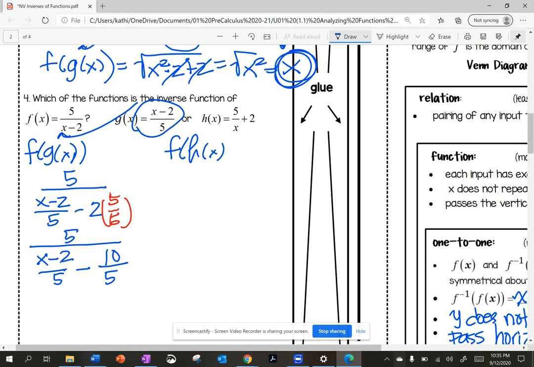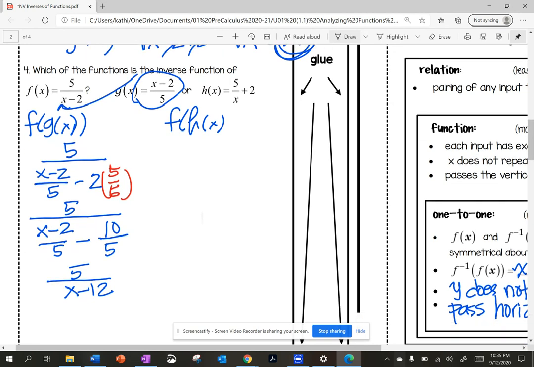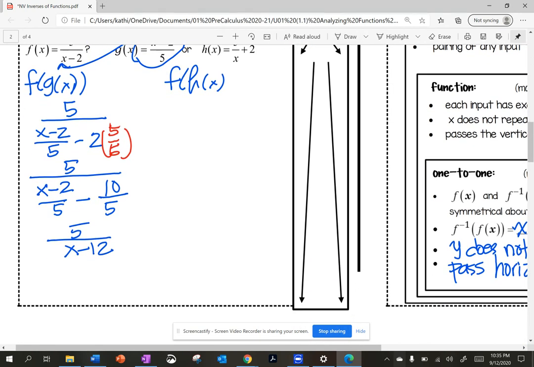So this is now 5 divided by x minus 2 minus 10 is x minus 12. And then I still have a 5 in the denominator.